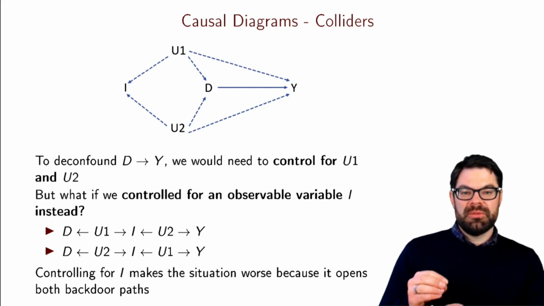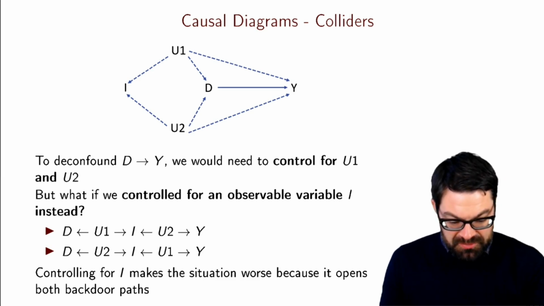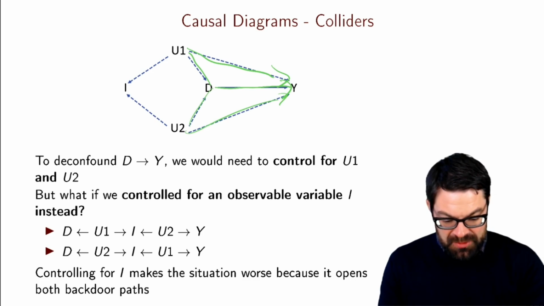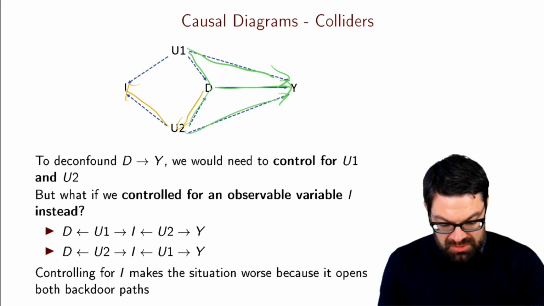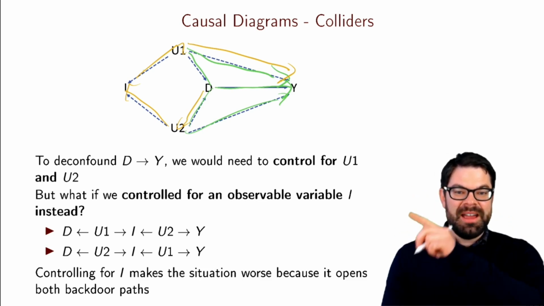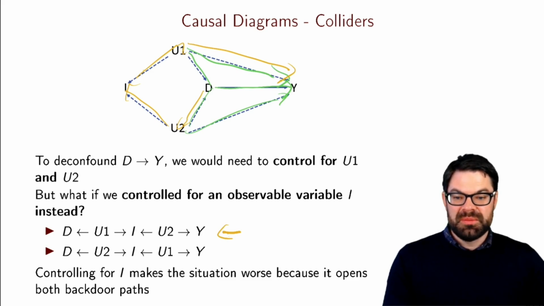There are obviously a good few backdoor paths, because in this model, besides the direct effect from D to Y, you have those indirect effects via U1 and via U2, but then you also have these longer paths, which is from D to U2 to I to U1 and to Y, and the other way around: first to U1, then to I, then to U2, and then to Y. The one I just outlined is the orange path you can see here.